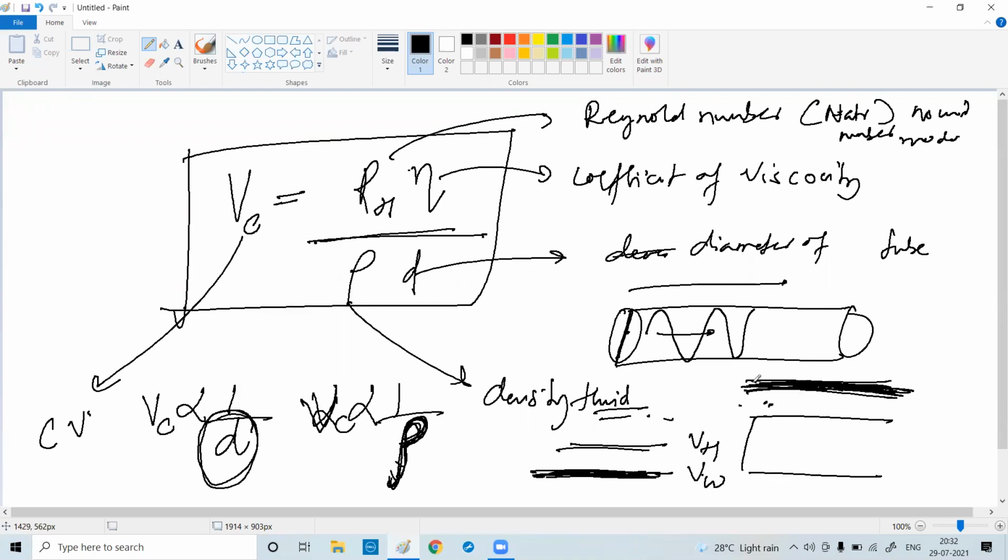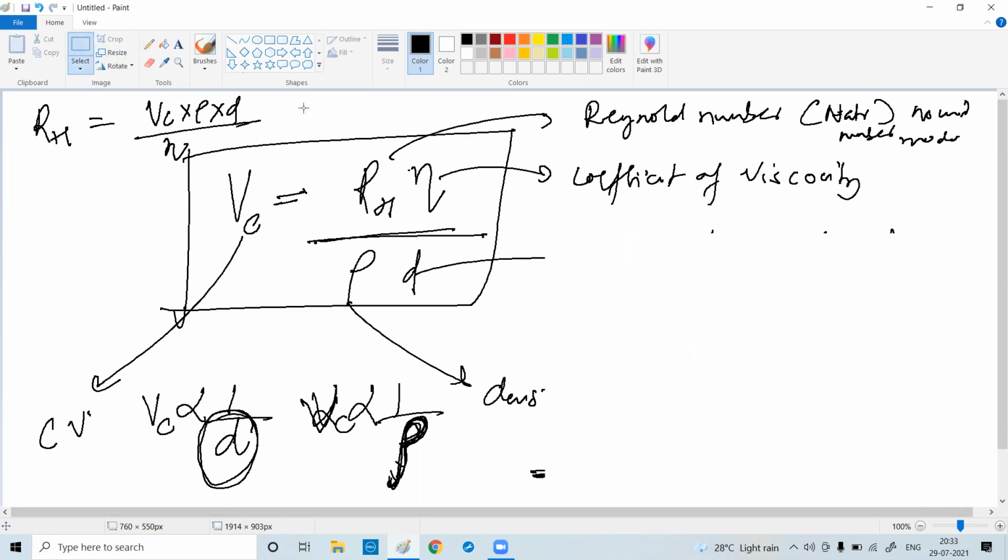Then if I want to write what is Reynolds number, just take this to the other side: it will be Vc into rho into d divided by eta. Understood? And it is seen experimentally that if the Reynolds number is 1000 and less, it is a streamline flow.